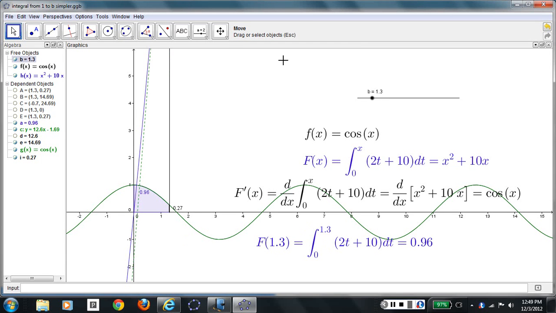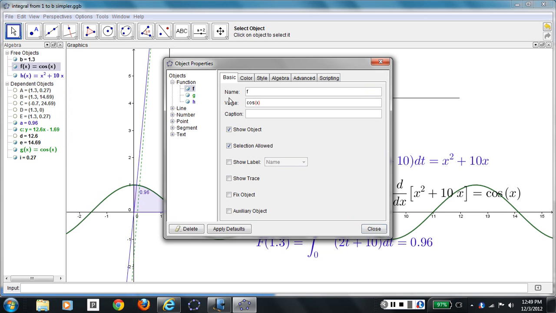There we go. Actually no, I should go with the square root of cosine x.